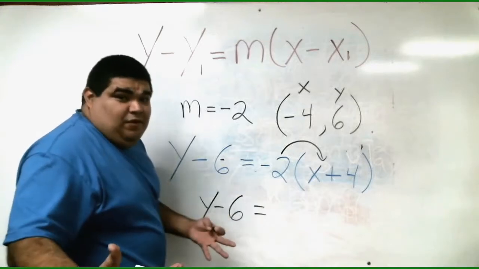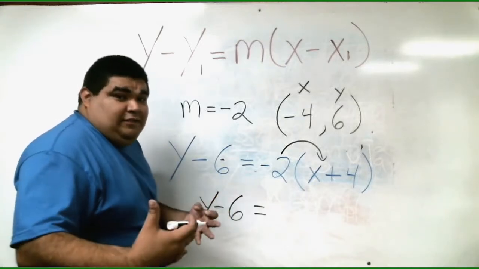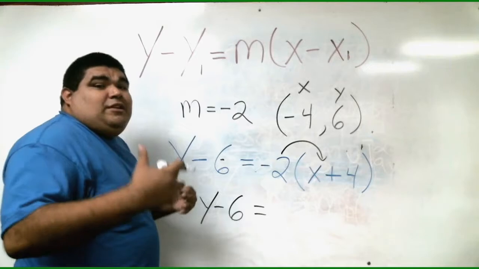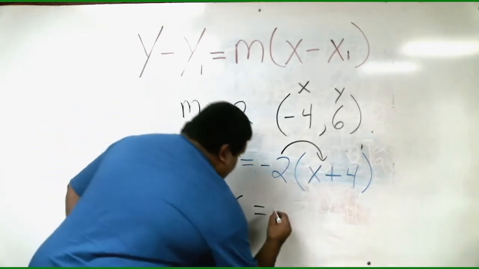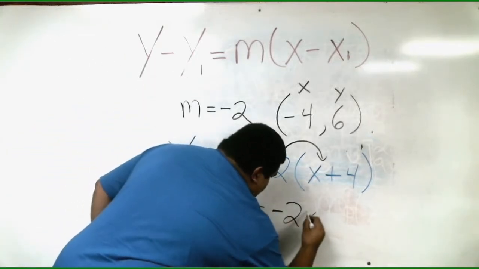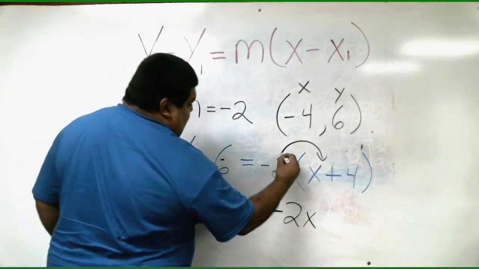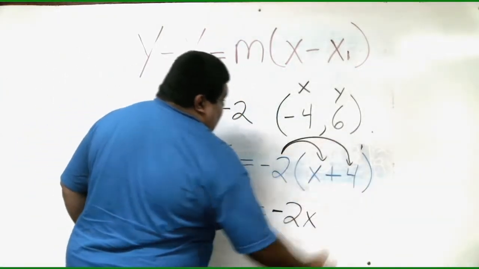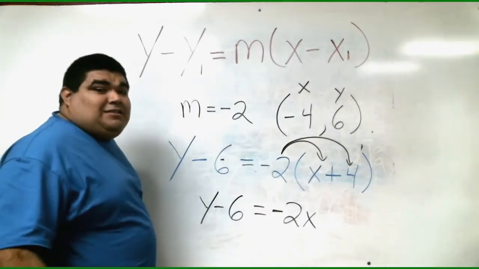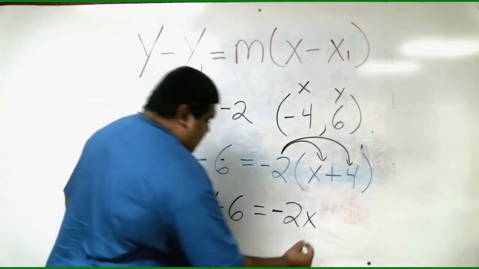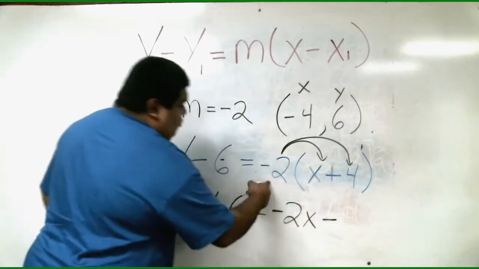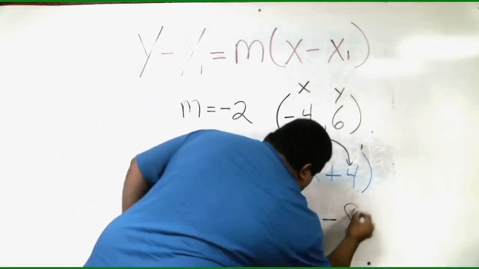Notice that it's just a variable, okay? There's no value yet. So all we're going to do is write it as negative 2x. Now we have negative 2 times positive 4. Positive times negative is negative. So 2 times 4 is 8.